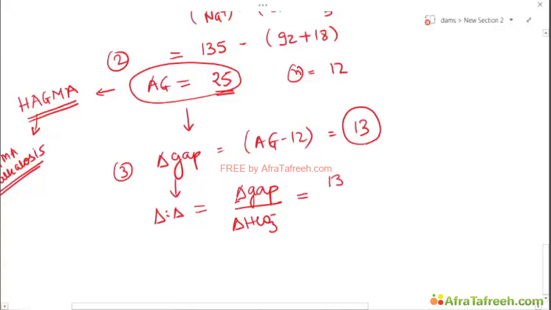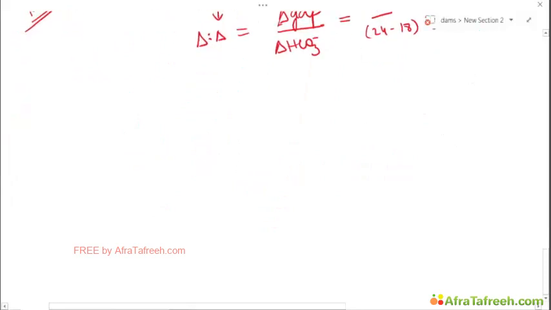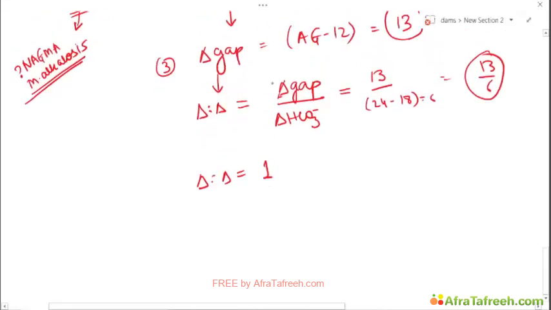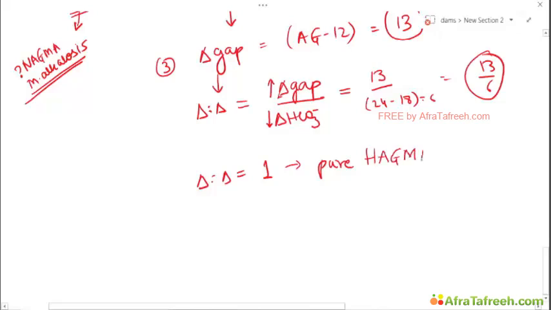That is 13 by 24 minus 18, that is 6. So this is 13 by 6. Now how do you interpret this? If the ratio is 1, that is the amount by which the anion gap rises is the same amount by which the bicarbonate comes down, this is pure high anion gap metabolic acidosis.